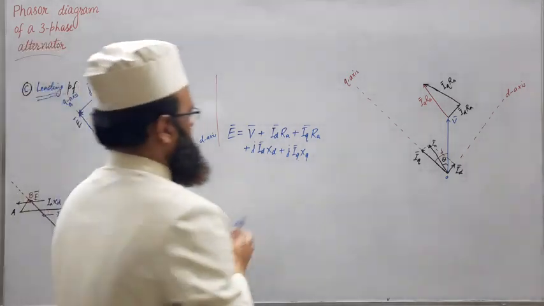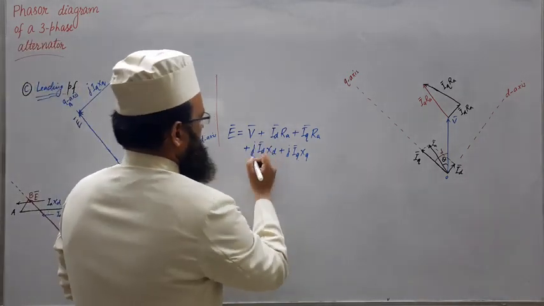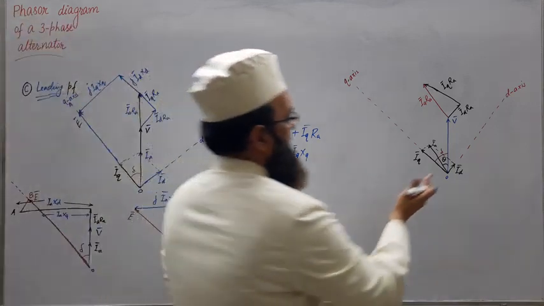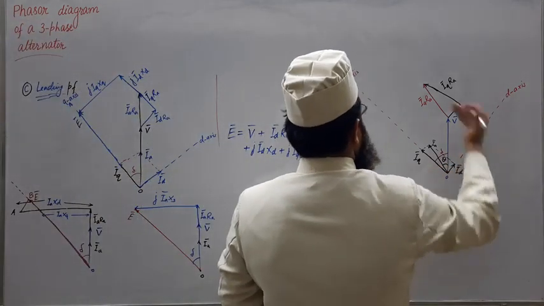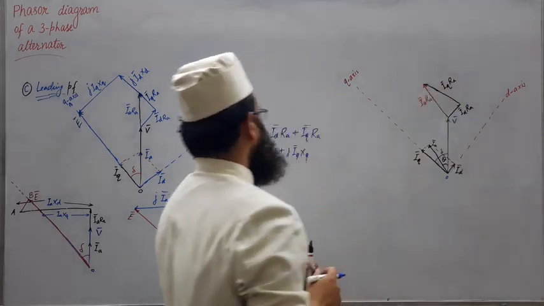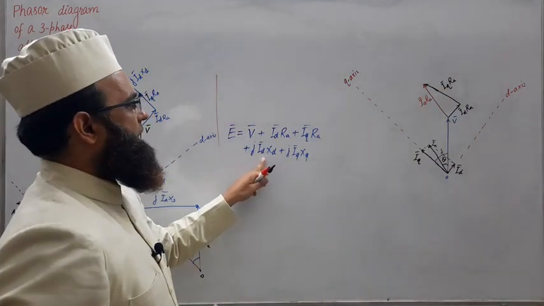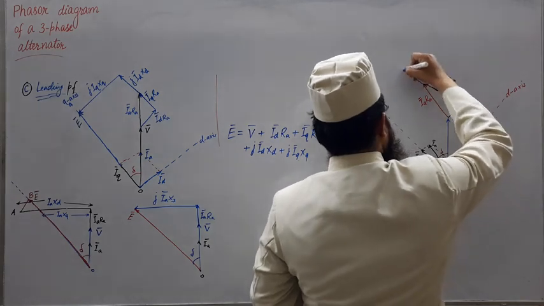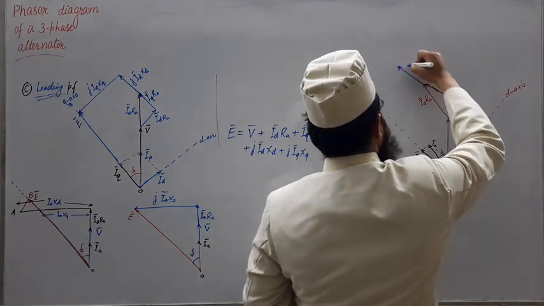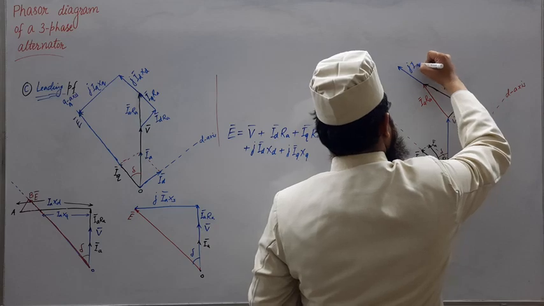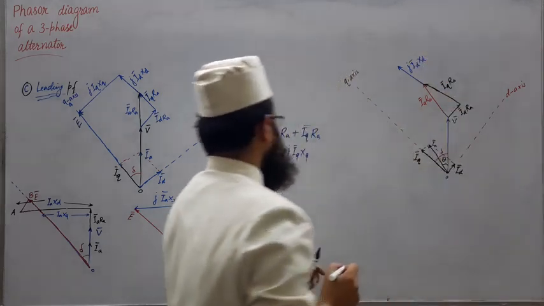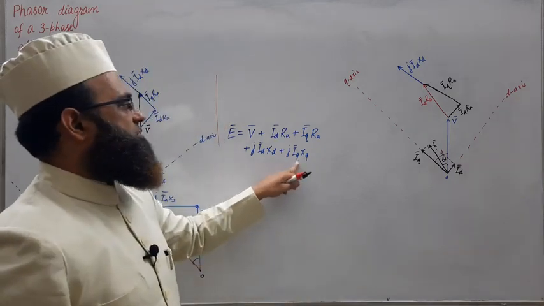This is J times ID XD, so perpendicular to ID. So this is ID, and perpendicular to ID means along the Q axis. So this is J ID XD. So draw it, J ID XD. And the last term is J IQ XQ.